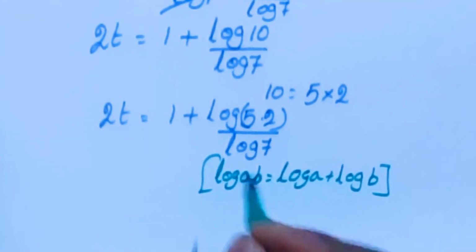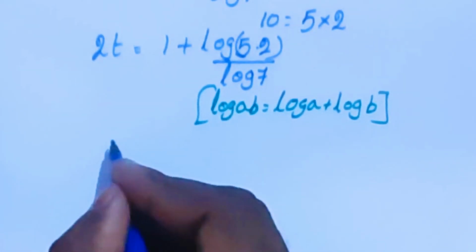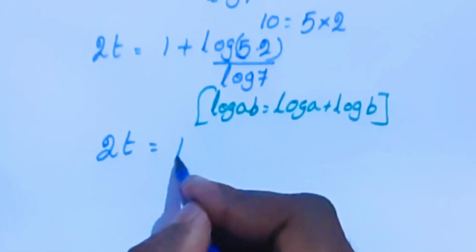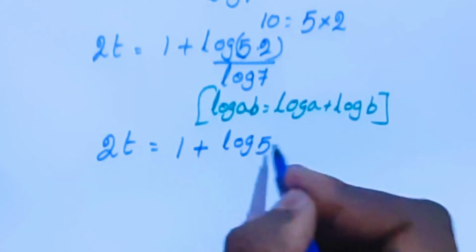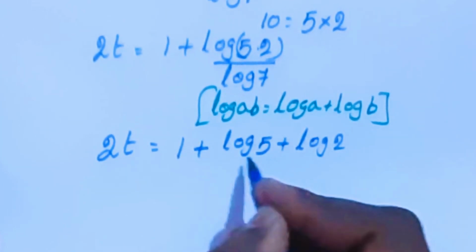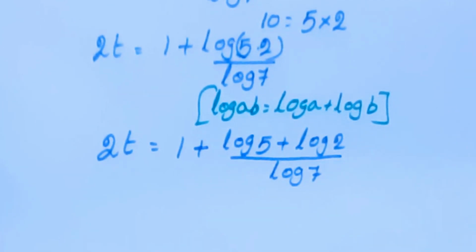So we'll get 2t equals 1 plus (log 5 plus log 2) whole divided by log 7.